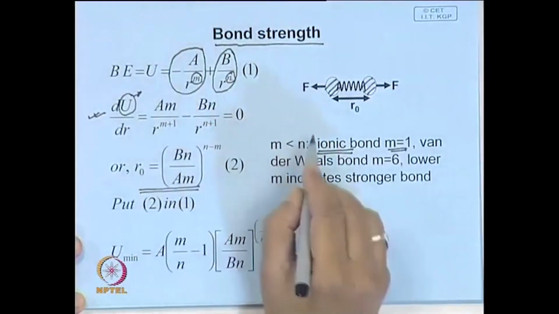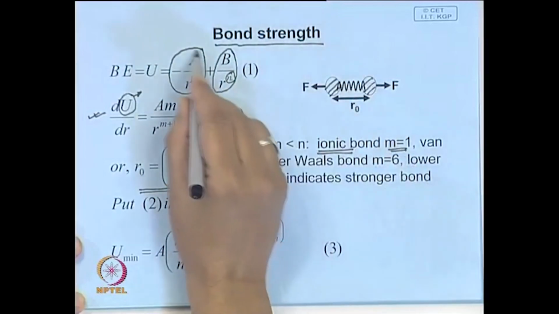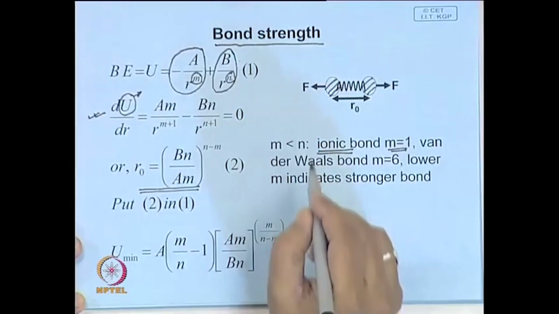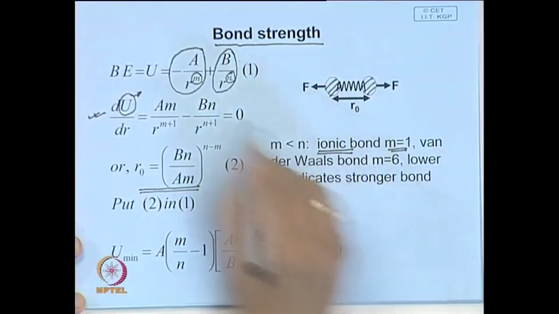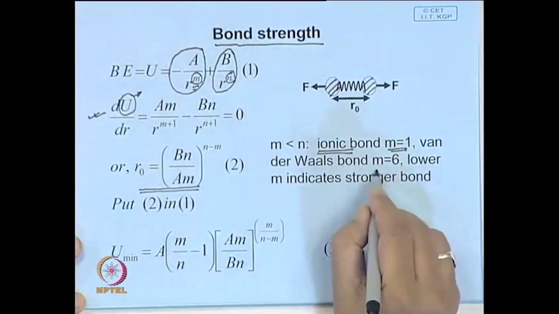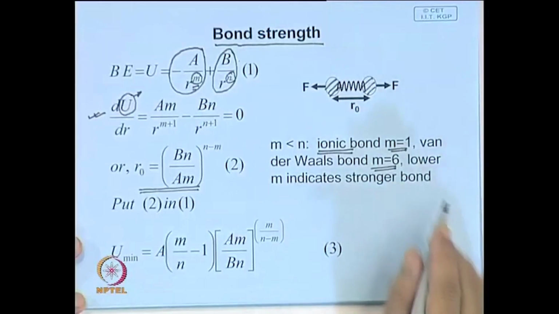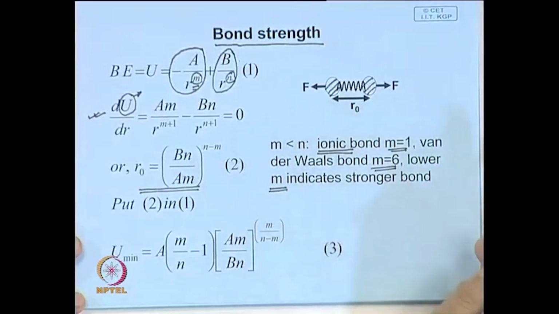So, that means when the atoms are nearby, this is much more dominant than the repulsive force. Now, in case of a van der Waals bond which is weaker, the index m is equal to 6. Lower the value of m indicates that the bond is stronger.